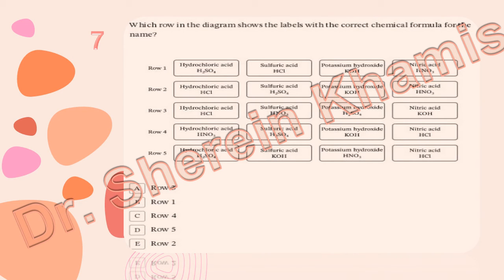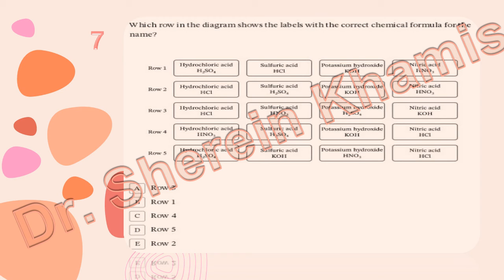Question 7 says: we have names of acids and bases. Which row in the diagram shows the labels with the correct chemical formula for the name? We have hydrochloric acid, sulfuric acid, potassium hydroxide, and nitric acid. We want to get the right formulas for them.